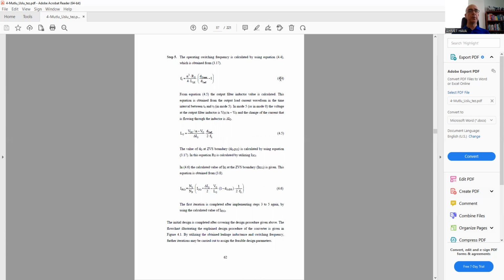If chapter 4 has 4 equations, the first equation is 4.1, the second equation is 4.2, the fourth equation is 4.4. Then it should be aligned and numbered. When you refer to the equation in the text, as you see, from equation 4.5, the output filter inductor value is calculated. That's the way to do it.